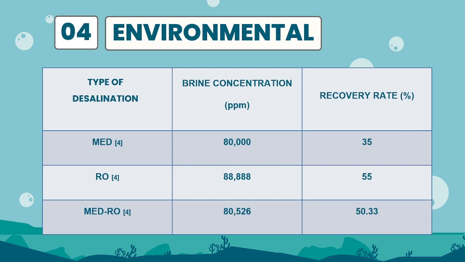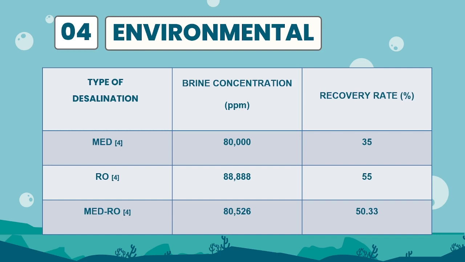But first, let me backtrack. You might be confused right now. What is brine concentration, you might ask? And what is recovery rate? Well, brine concentration is the amount of salted solution produced after fresh water is extracted from seawater. Recovery rate refers to the rate of fresh water being produced.